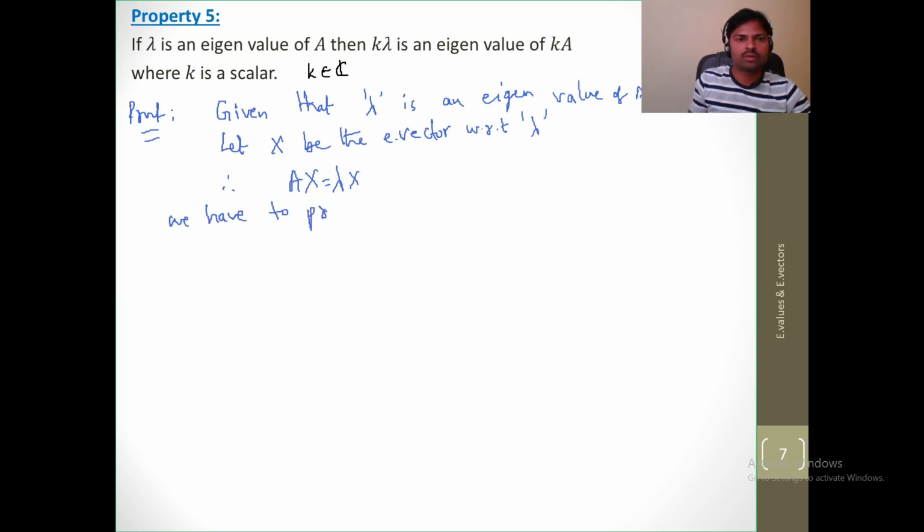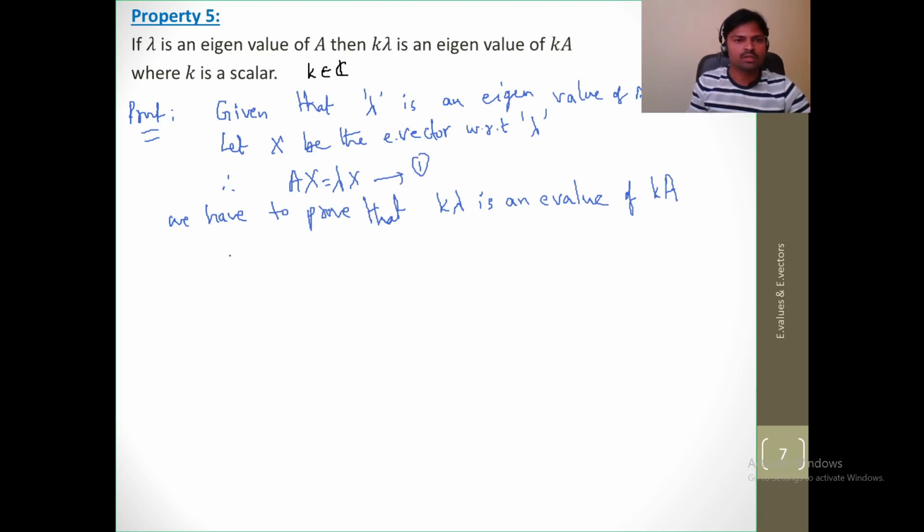Simple one. We have to prove that k into lambda is an eigenvalue of k into the matrix A. Okay, now start with this one. So let us start. Ax is equal to lambda x.